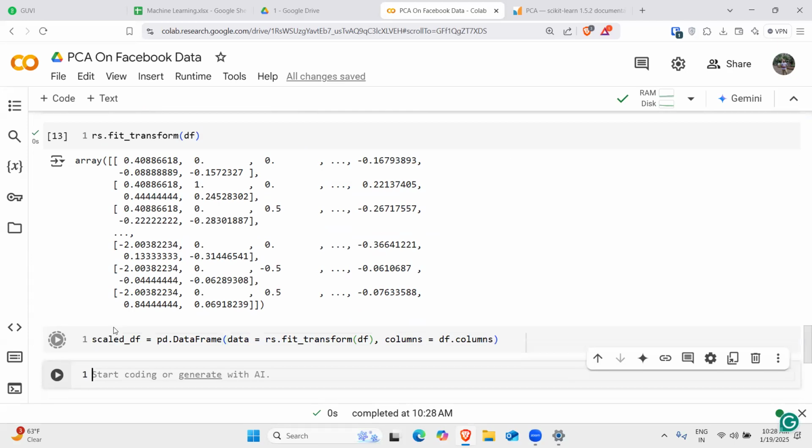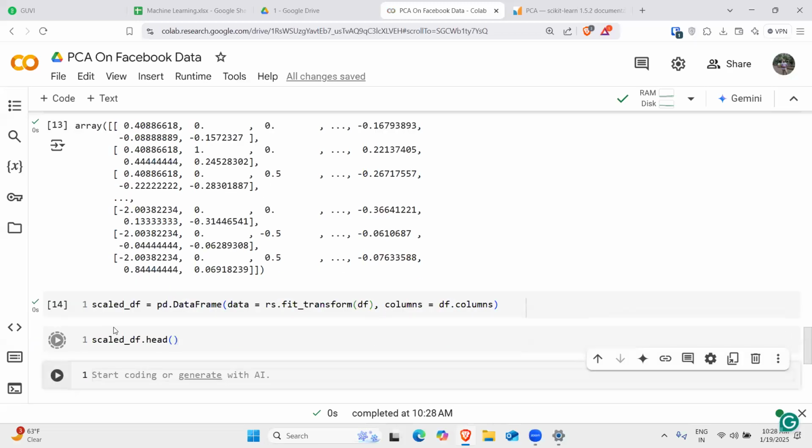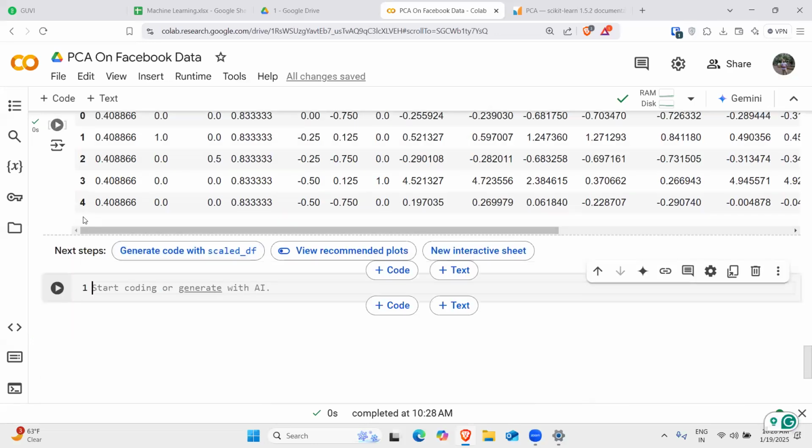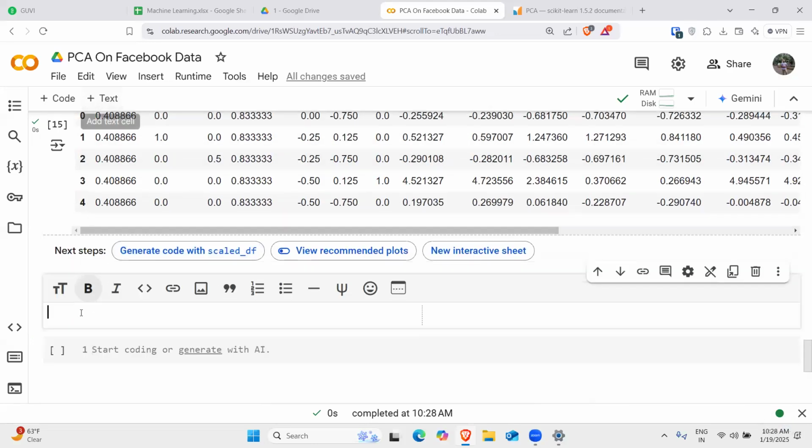Simple. And then I'm going to take scaled_df.head here, right? Then I will take PCA and I'll start doing it.